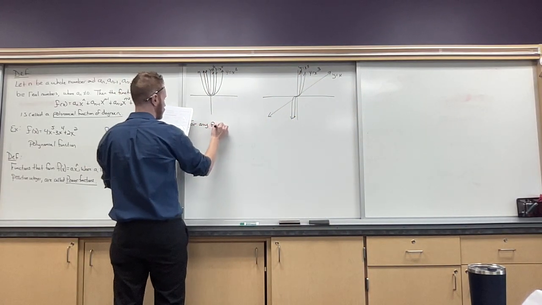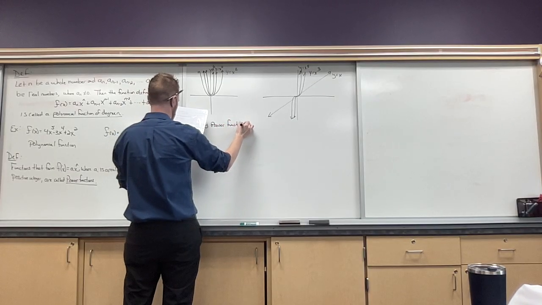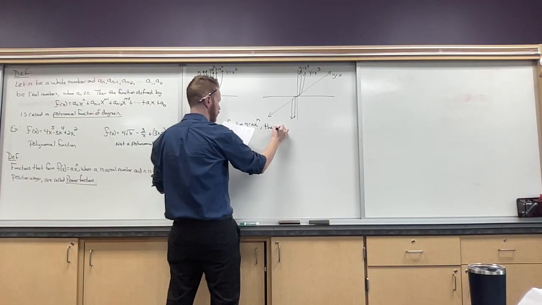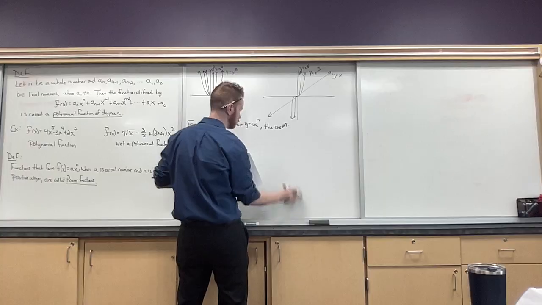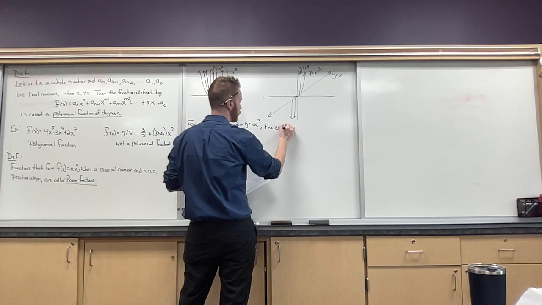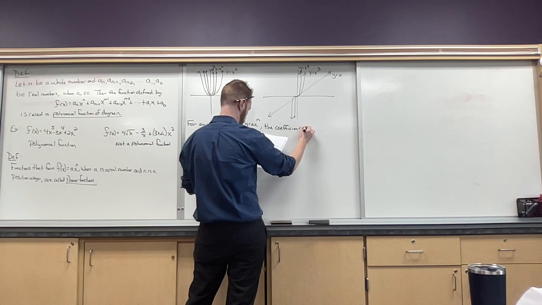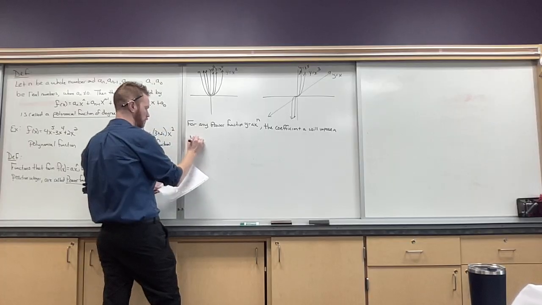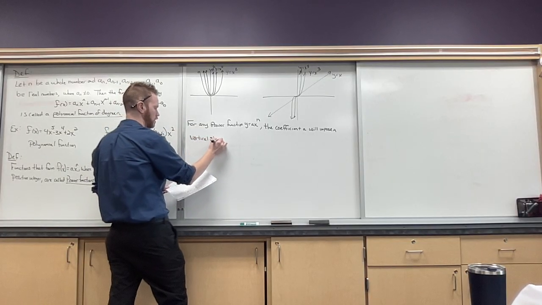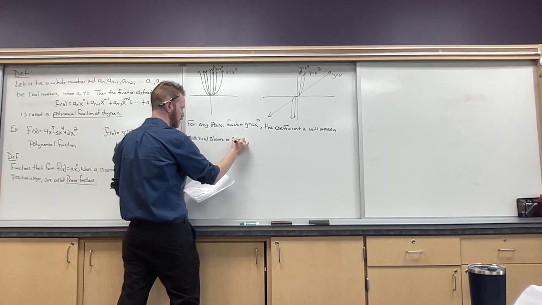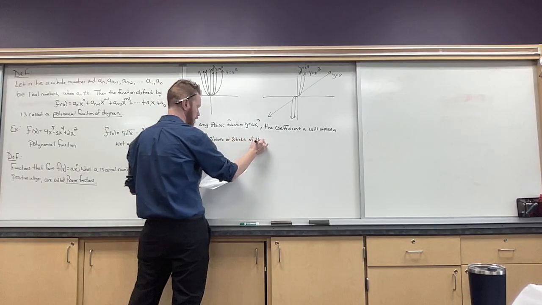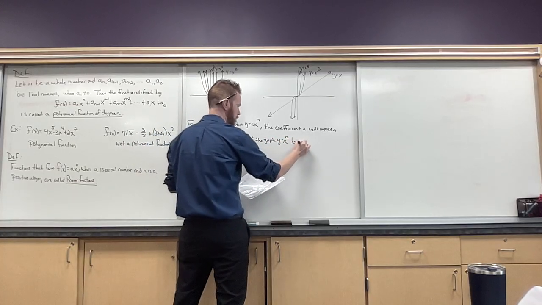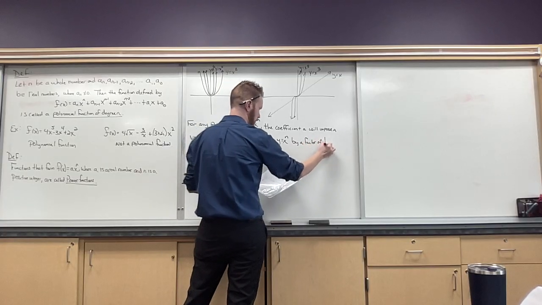For any power function, y equals ax to the n, the coefficient a will impose a vertical shrink or stretch of the graph y equals x to the n by a factor of the absolute value of a.